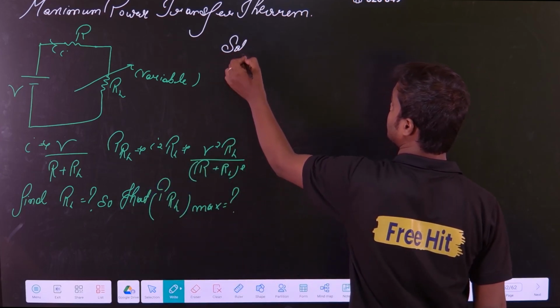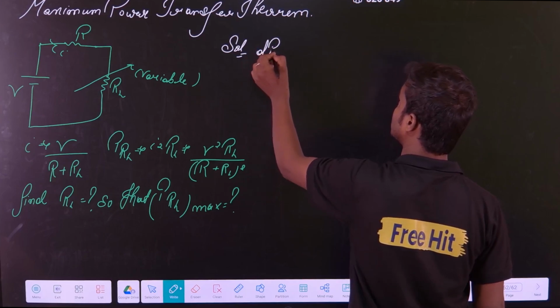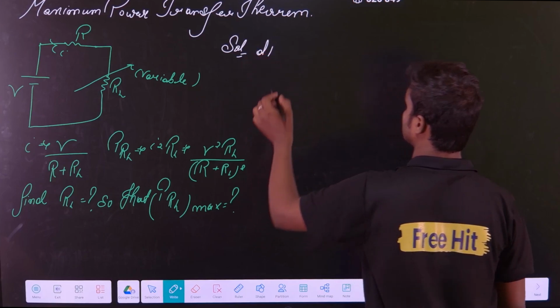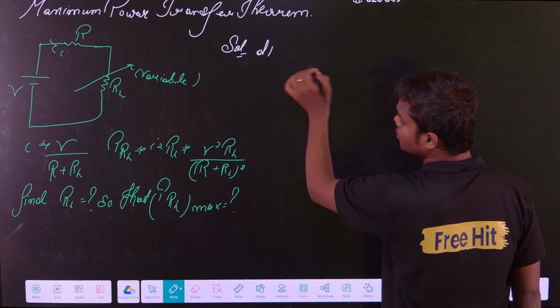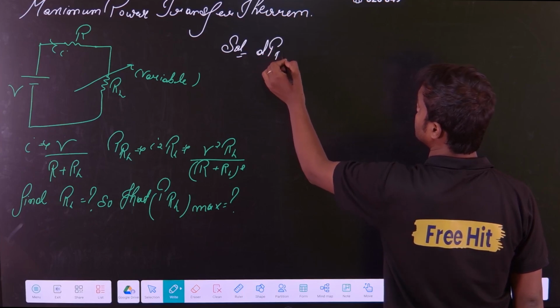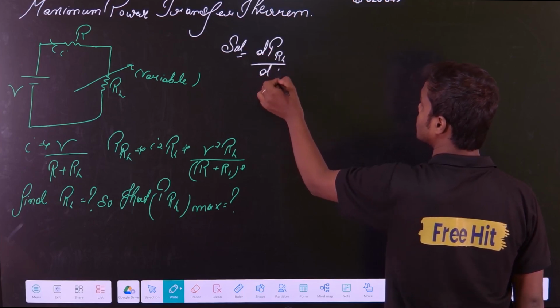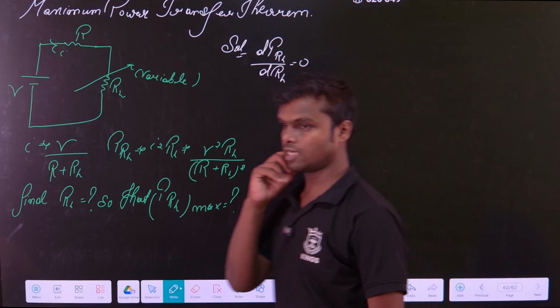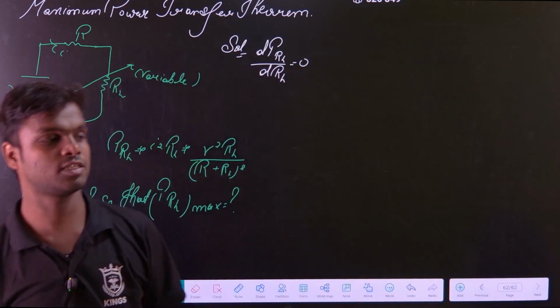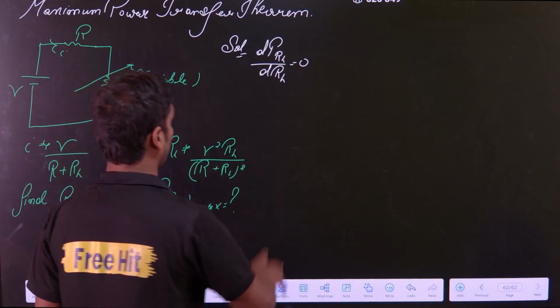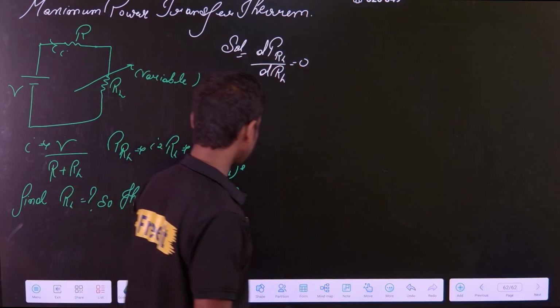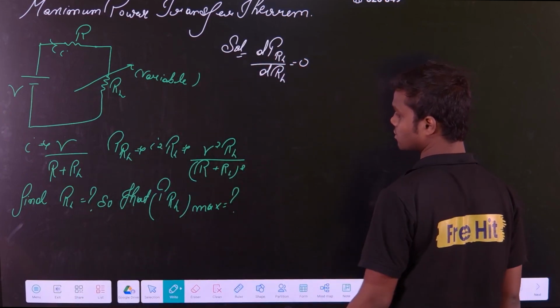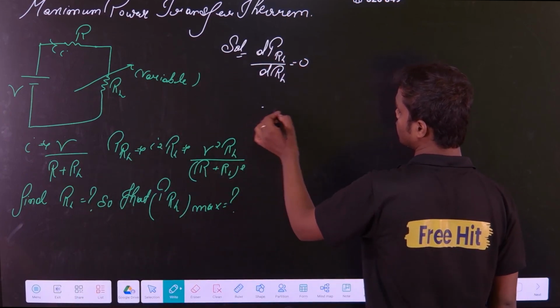The idea is very simple. You have to do dP RL divided by dRL equal to 0, because in mathematics, whenever we have to find the maximum of anything, we have to differentiate that function and put it equal to 0. So just differentiate this.